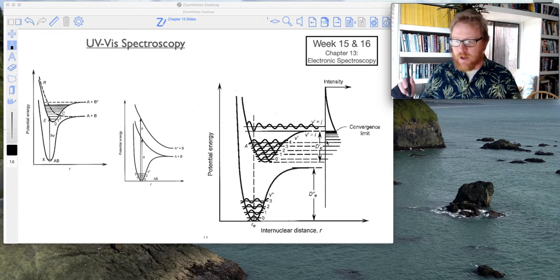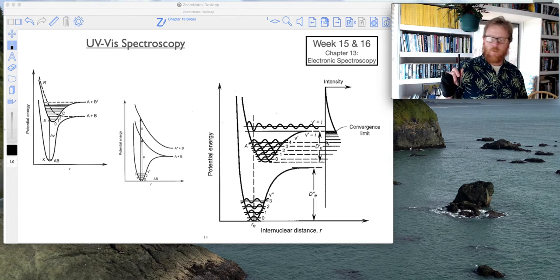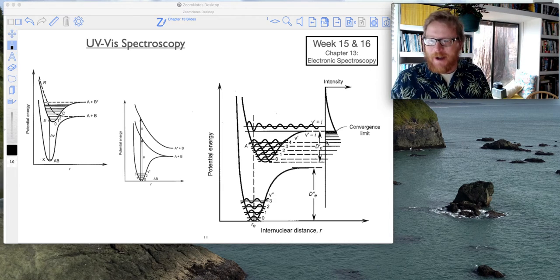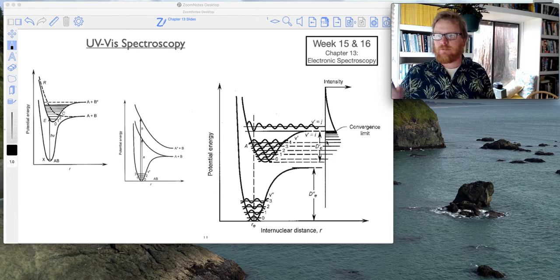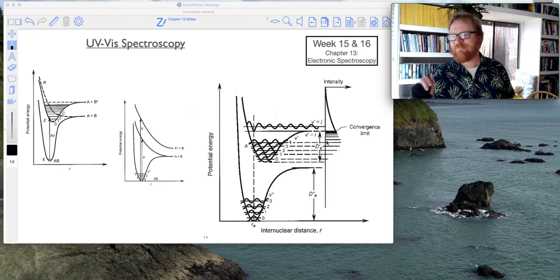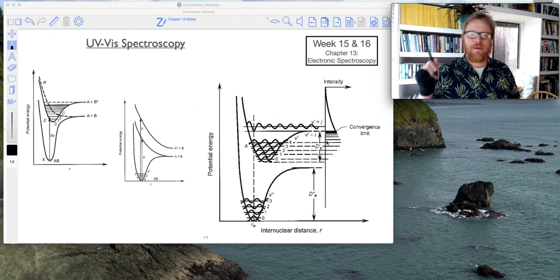I'm going to let Daft Punk bring it in. I love this song. Trying to hit all the hits before the semester's over. All right. Getting pumped up.